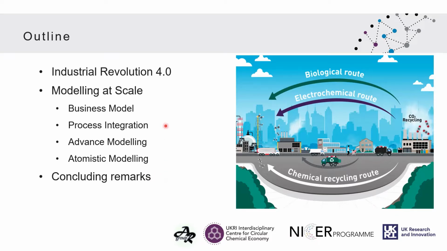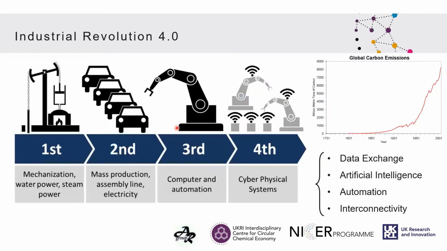Right. So what about the fourth industrial revolution? Everybody knows about the first industrial revolution. It started in between the 1750s and the 1800s, and it was basically based on steam and water power.